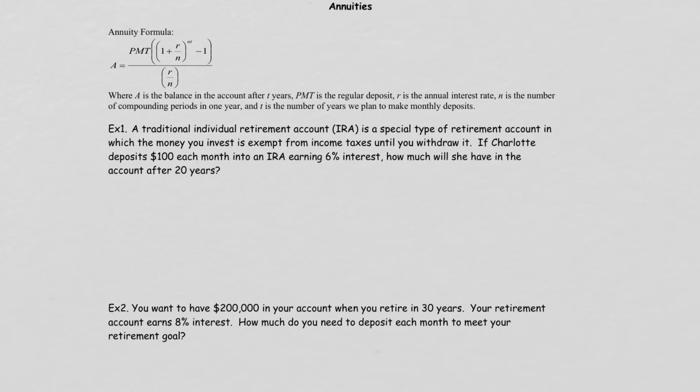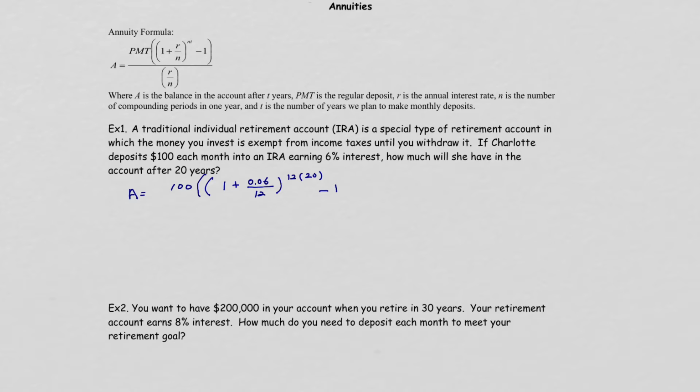So if we plug into the formula, we will have A equals PMT, which is the monthly payment, $100. And then you have 1 plus the rate, 0.06, over 12 for monthly, to the 12 times 20 years, minus 1.